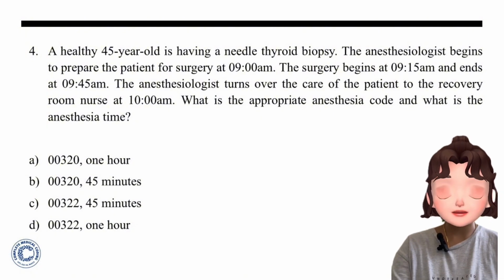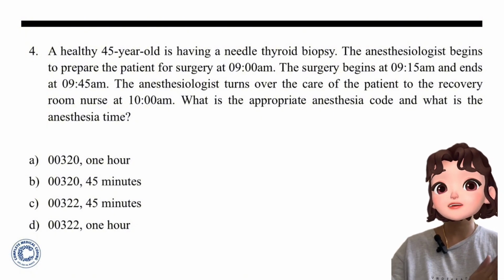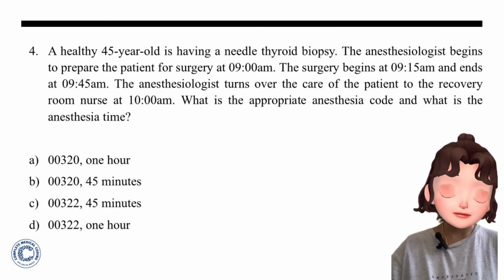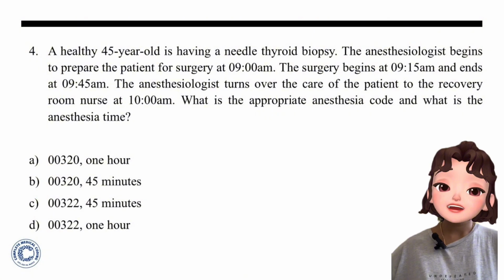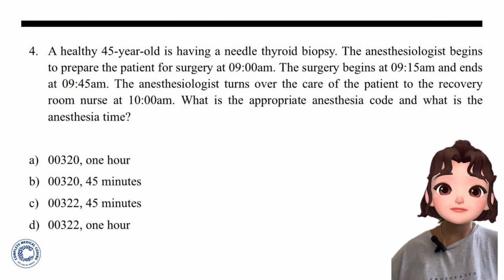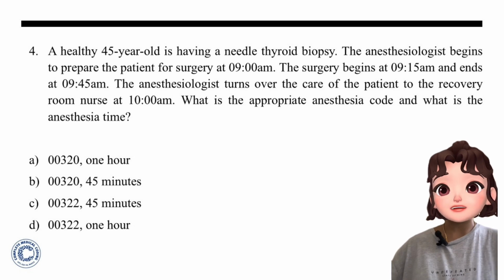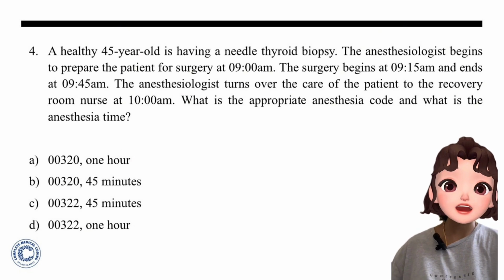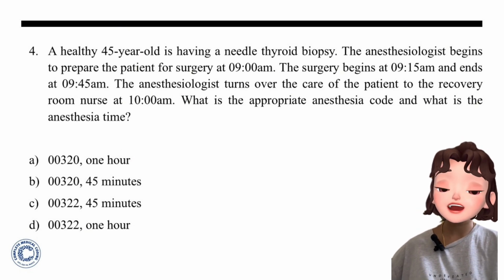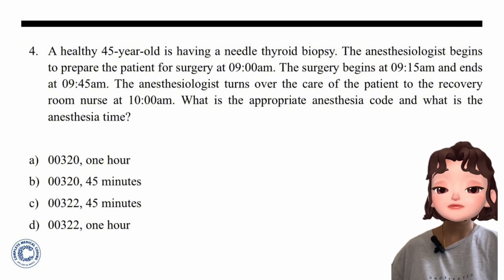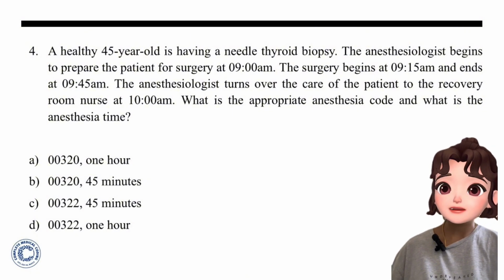That is the starting time of anesthesia. Here it is 9 a.m. And the ending time of anesthesia is when the patient is sent to recovery, not the procedure ending time. Here the procedure ending time is 9:45.